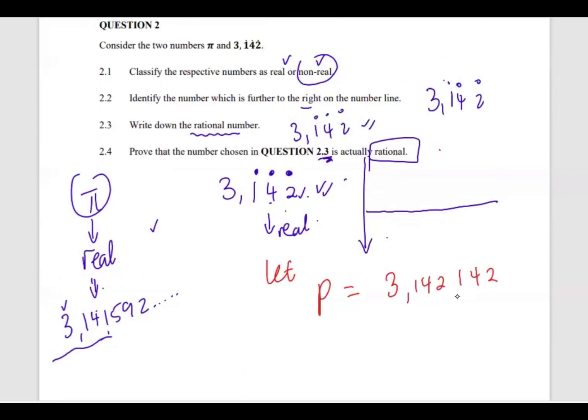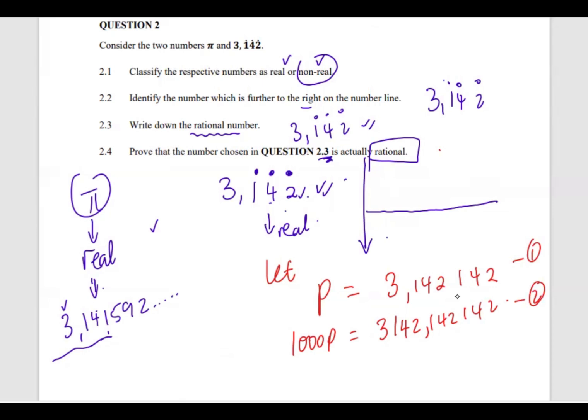Then we can see that we can multiply by 1,000 since it is 3 digits, okay? So that's going to be 1,000P is equal to 3142.142. Maintain the number of digits after the comma. Then we subtract. If that is equation 1, that is equation 2, we do the subtraction.